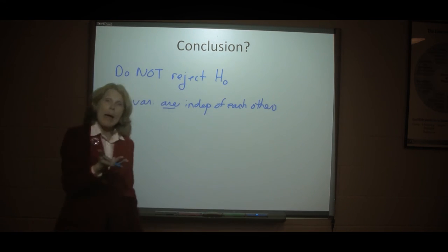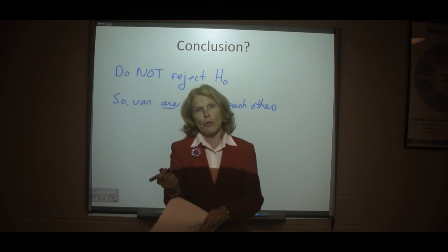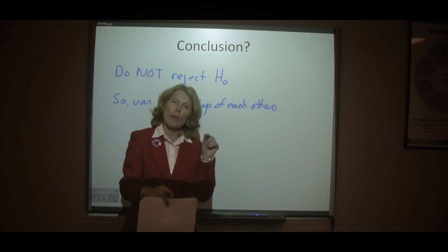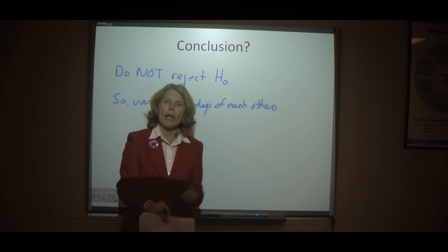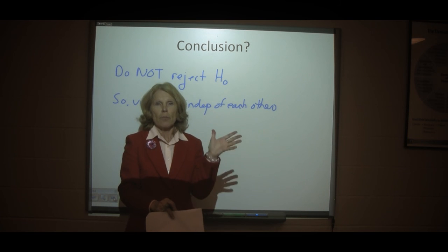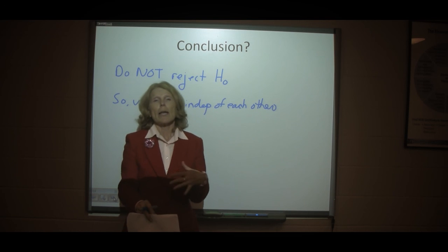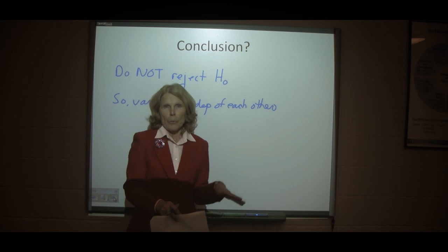Now, why does that matter? Because if you're marketing for the university for the food plan, and the variables were dependent on each other, then that would mean that, for example, if you're a freshman, you would be more likely to have, let's say, the 20 meals a week. If you're a senior, you're more likely to have no meals a week.